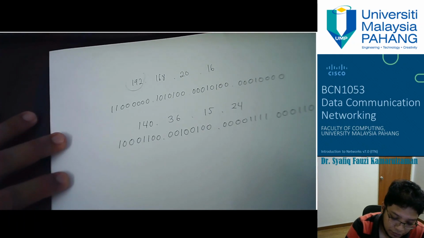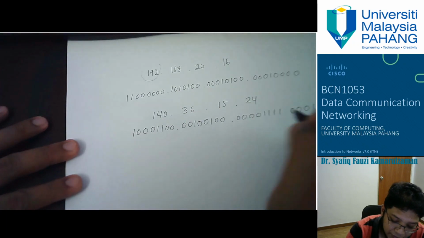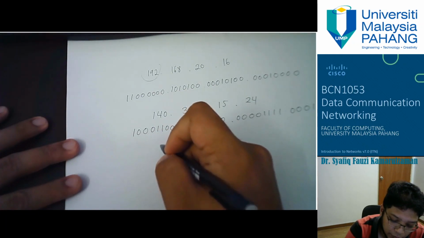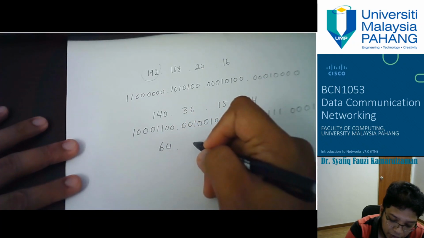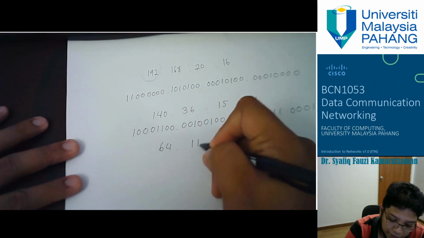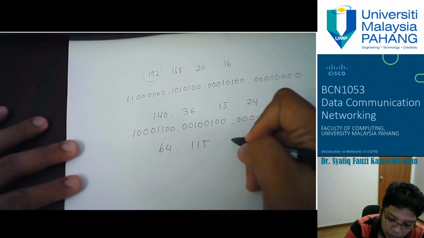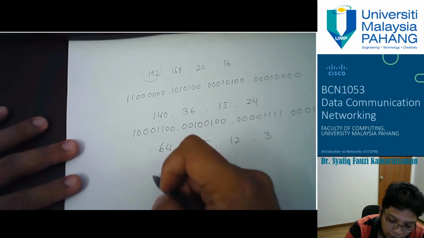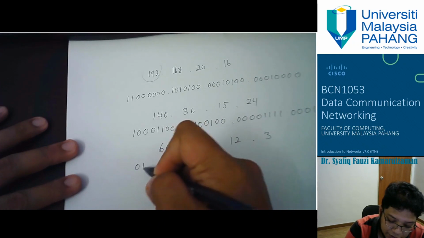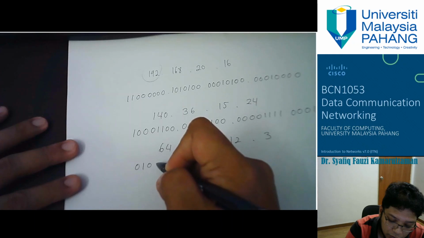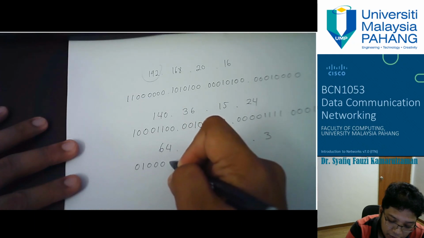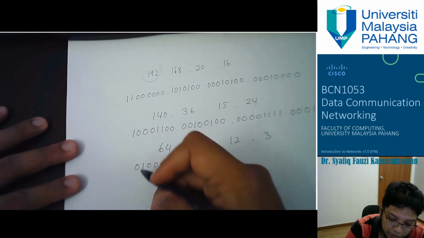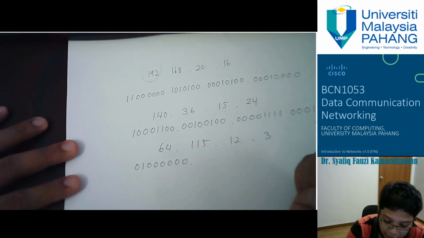Let's take a look at the next one. Let's put the numbers 64 and 115. For example, 64 means you don't have 128, you have 64, you don't have 32, 16, 8, 4, 2 or 1, because 64 minus 64 becomes 0 automatically.